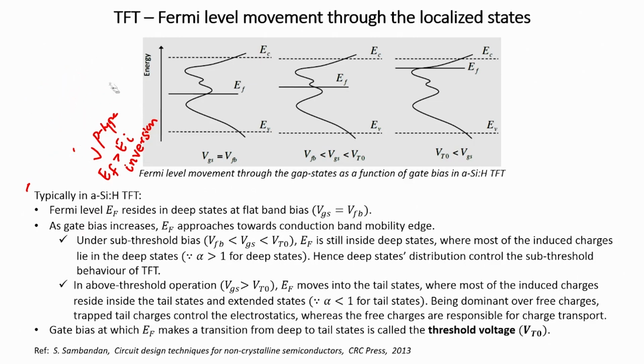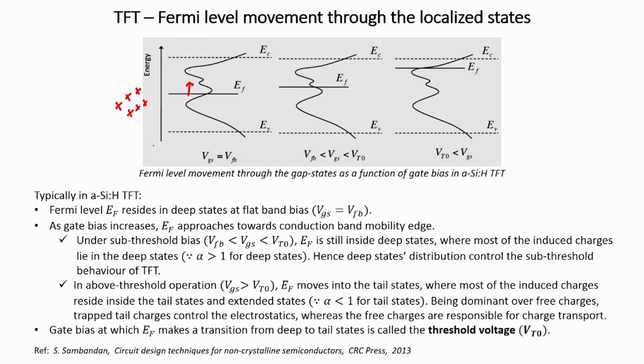Now, in the case of disordered semiconductors, the Fermi level is not free to move. There is band bending, but it strongly depends upon the density of states. As we add positive charge on the gate of a non-crystalline semiconductor MOSFET, or in other words a thin film transistor, the Fermi level tries to start moving towards the conduction band edge.